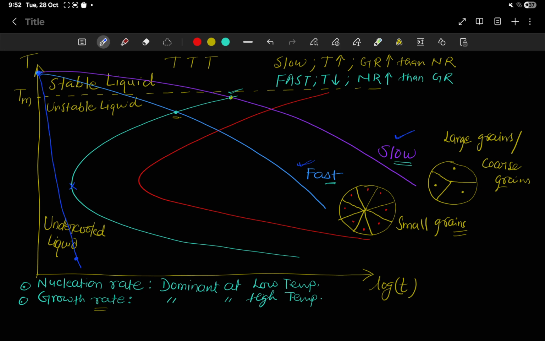Now what do you think we will get at this point? Okay, if it is not solid, then what would it be, right? So if its temperature is decreasing, it will continue to remain in liquid phase. As we decrease the temperature, its viscosity is going to increase.